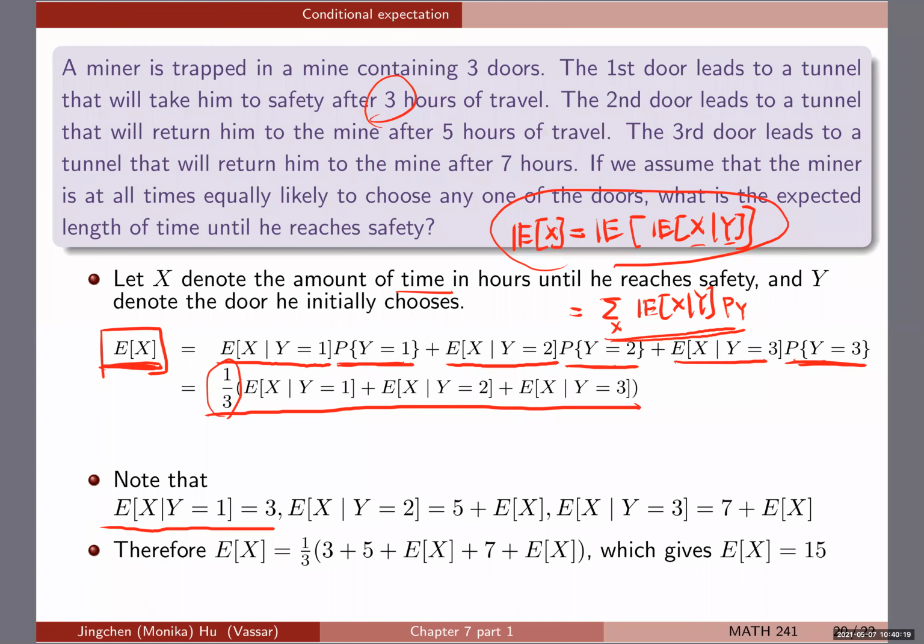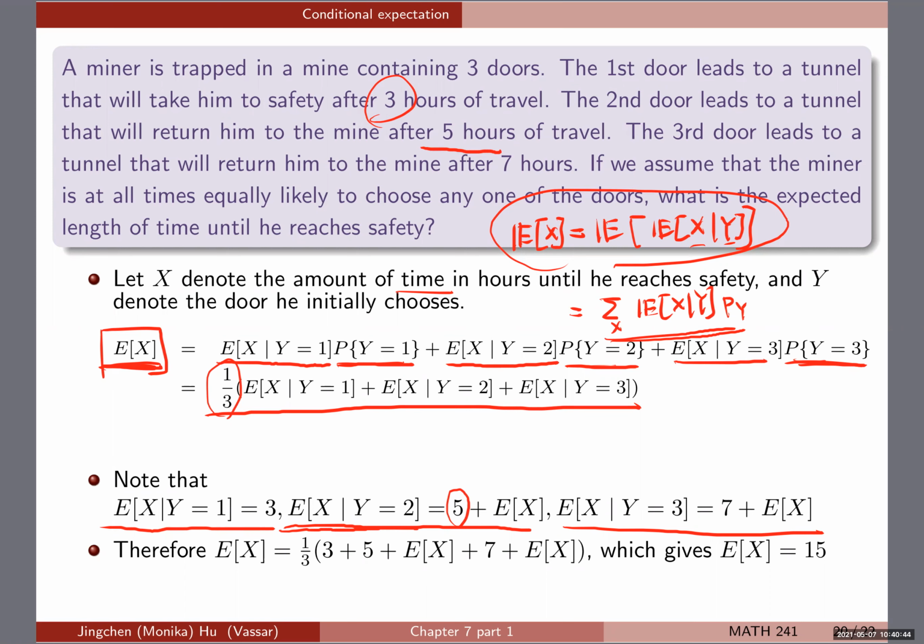What's interesting for the second and the third is that we need to realize that the expectation of X given Y equals 2, that's choosing the second door, just adds 5 hours to the total number of hours for this miner to reach safety, because that 5 hours of travel is useless. It's going to return him to the mine.